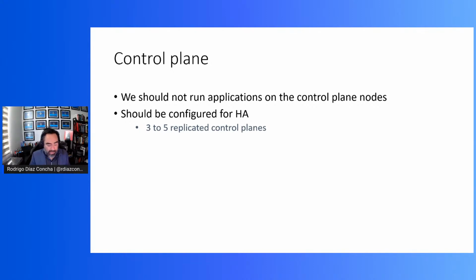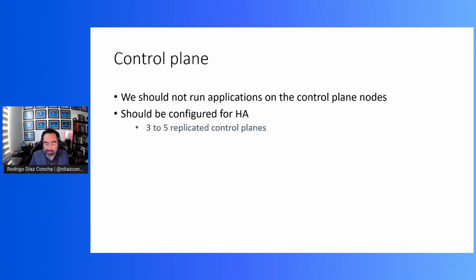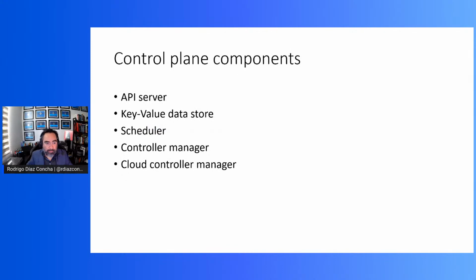But of course, that's a topic for another session. Just remember that the control plane is this role or node type that we have in the cluster that has all the magic, okay? So what are those control plane components that I'm talking about? Well, the first one is the API server.